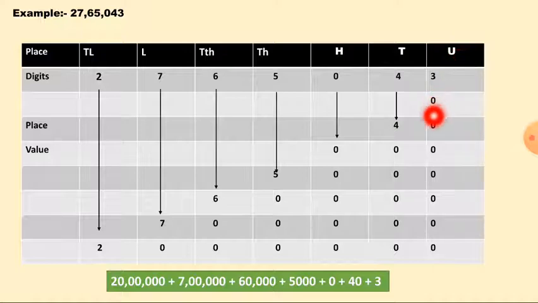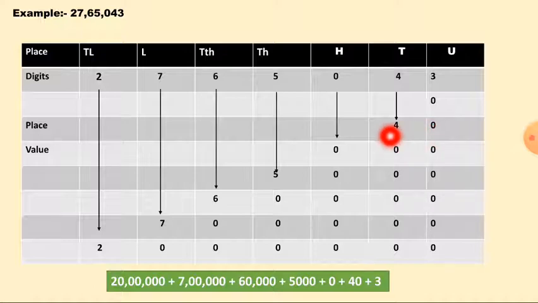Now students, as we have written the digits of the number on the place values, we will write the place value of each digit. We wrote 3 as unit. We will leave one line and write the 4, which is on the tens place.